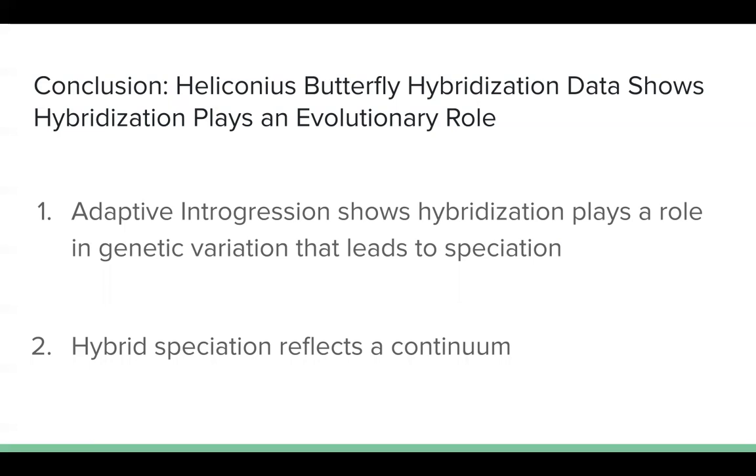And two, we see that hybrid speciation reflects a continuum, and that there isn't necessarily a distinct species boundary when looking at hybrids, specifically in these Heliconius butterflies. And so in conclusion, Heliconius butterfly hybridization data shows that hybridization does play a significant role in evolution.